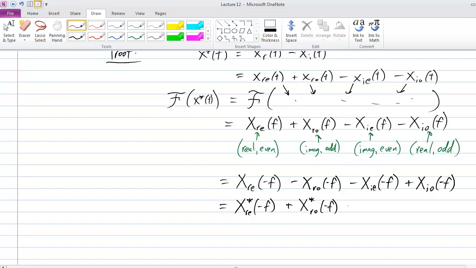So then I have here plus, again, this one's imaginary, and this one's real, so I stick the conjugate on there for free. And you see that we're done. Those are just the conjugate of the whole thing. X real, x minus f, plus x.